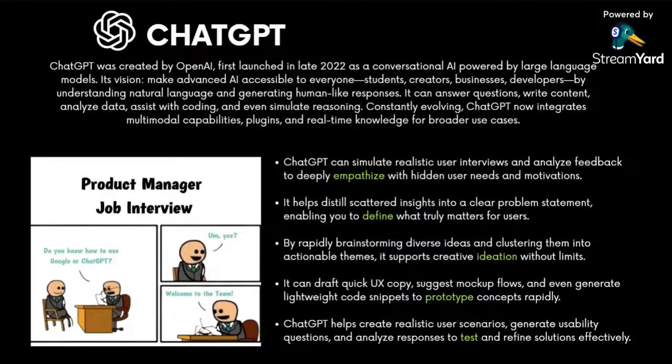So, what exactly is the prompt? A prompt is a form of command that you give to the LLM model, and then the model, based on how specific your prompt is, how good it is, how clear it is, gives you a result.